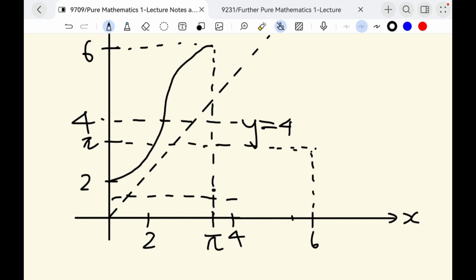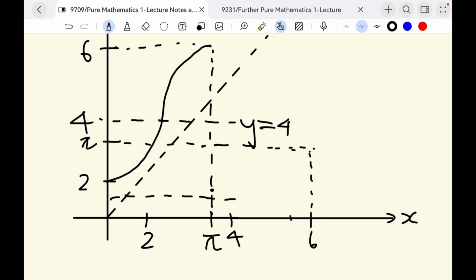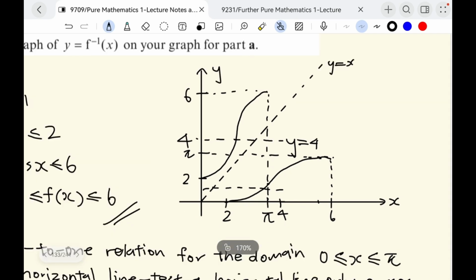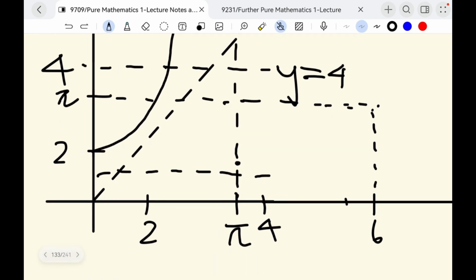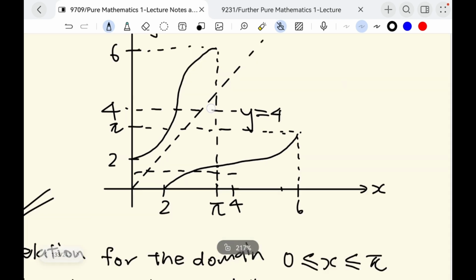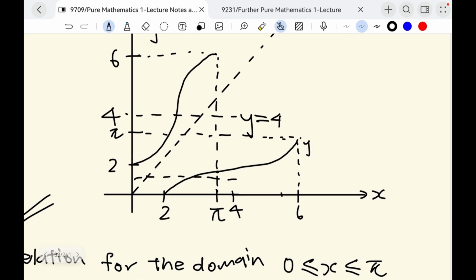Although it's not accurate, this is for your understanding. So your inverse graph must look like this by right. So there we go, here's the inverse graph. Okay, I think I was wrong just now. Yeah, this is the proper graph of y equals f inverse x.